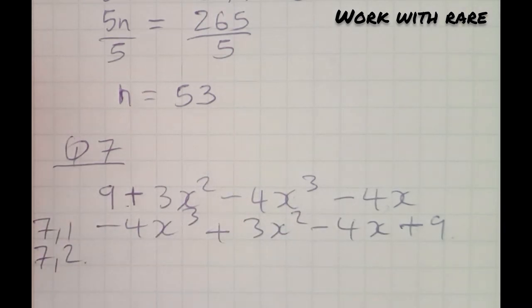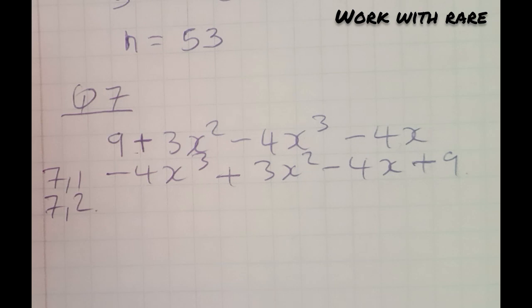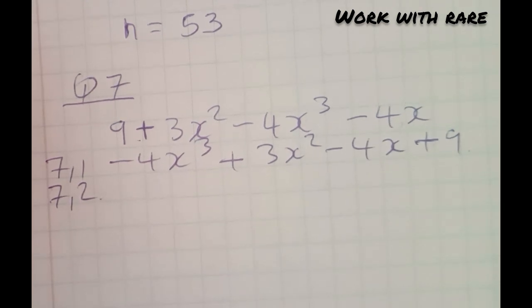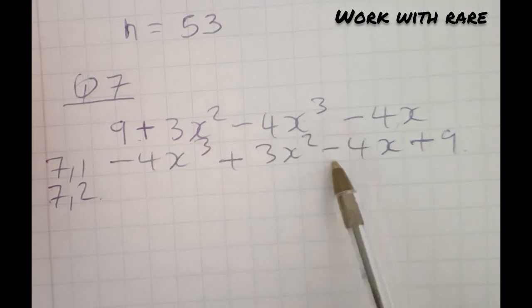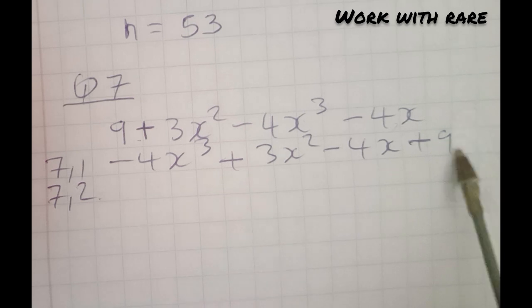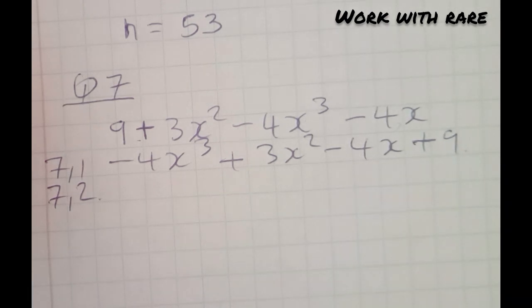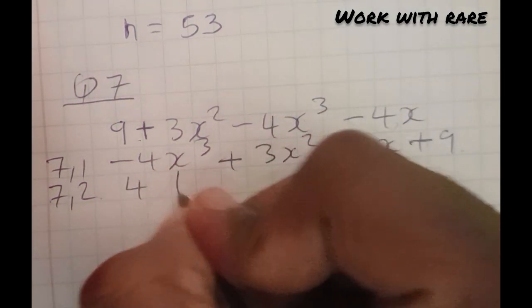So here we have 7.2, and 7.2 says, how many terms are there in the expression? This is our first term, this is our second term, this is our third term, this is our fourth term, which means we have 4 terms.